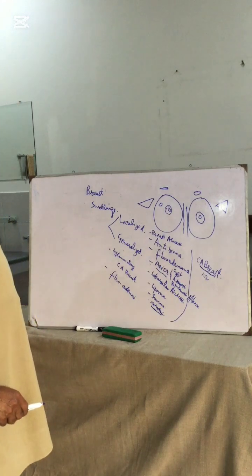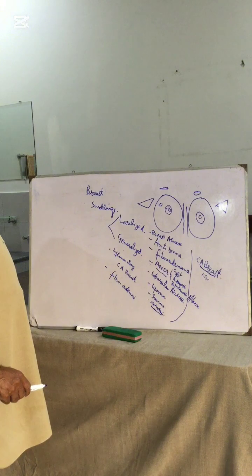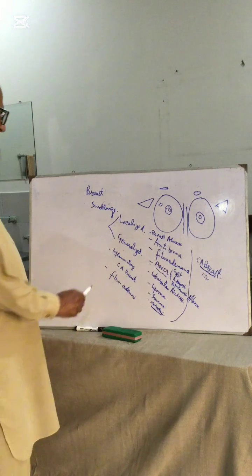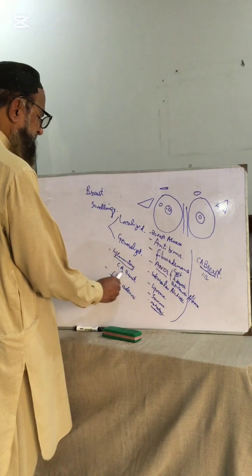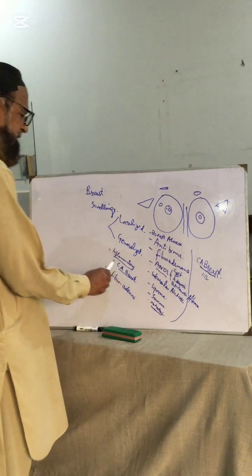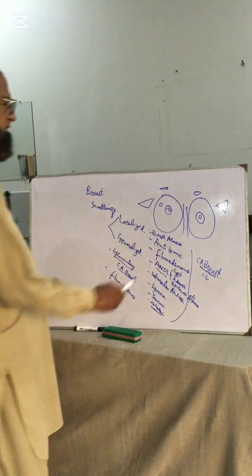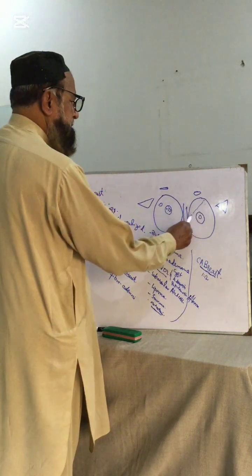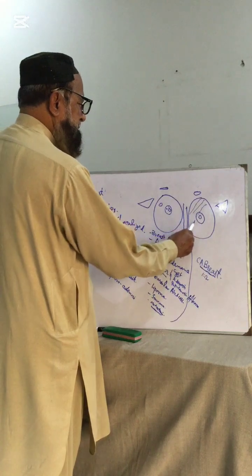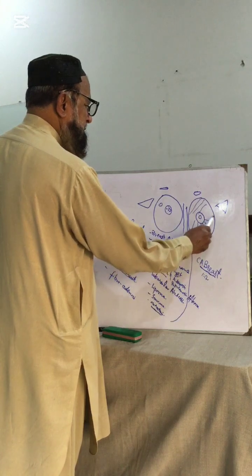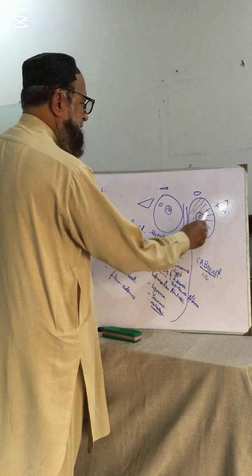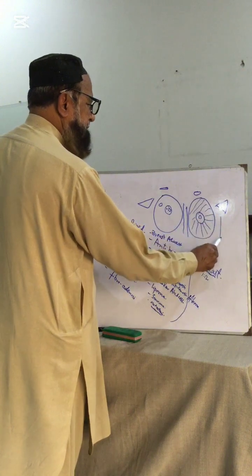Then there are generalized swellings of the breast. One among them is inflammatory carcinoma of the breast. It is very important to diagnose that this is inflammatory carcinoma of the breast. It mimics inflammation. It involves the whole breast, axilla, and arm.